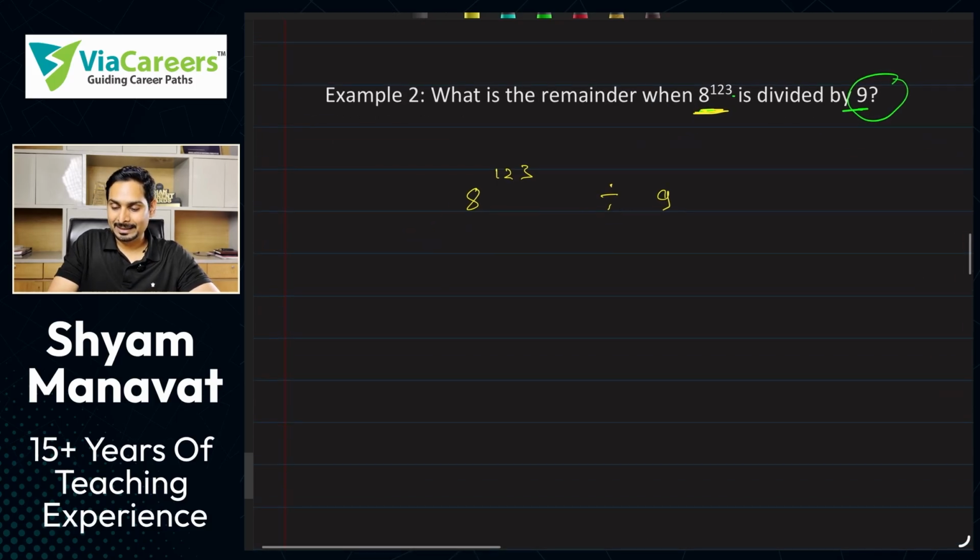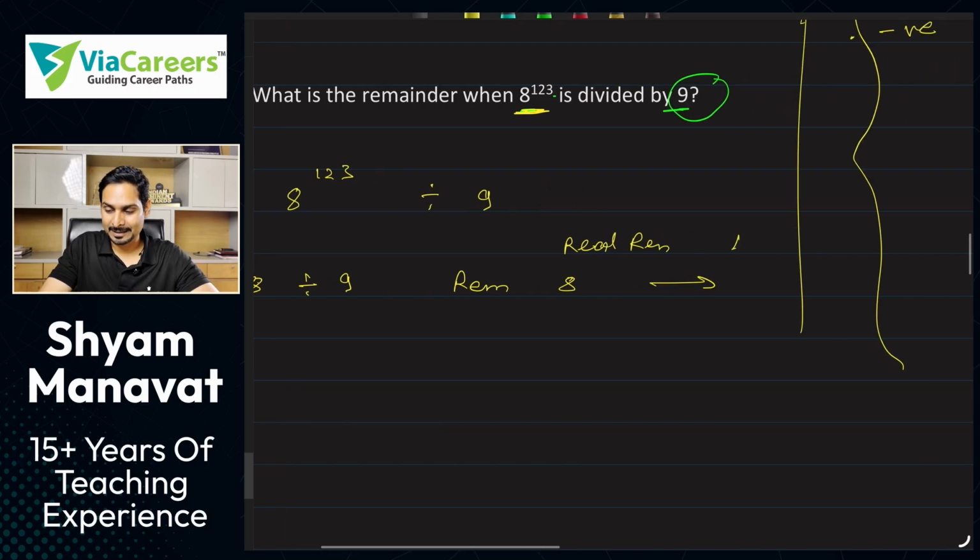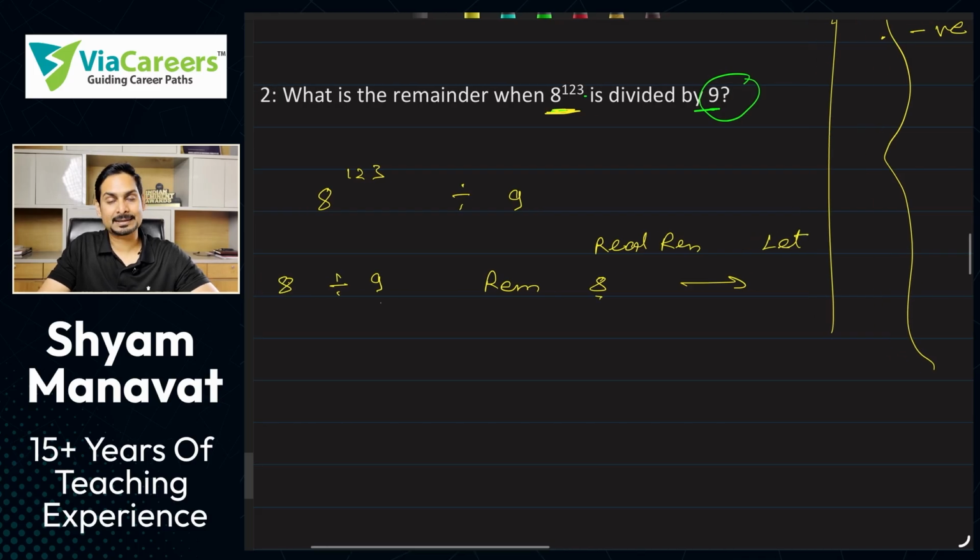When 8 is divided by 9, the remainder is 8 itself, right? Or I can say the real remainder is 8 itself. So can I assume the remainder to be 8 minus 9, as minus 1?